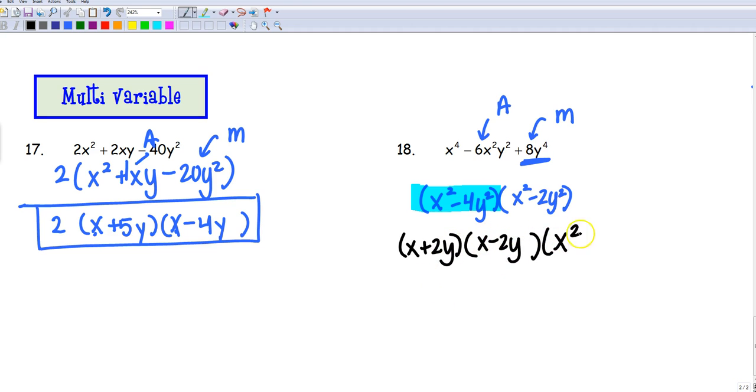And then you bring down the x squared minus 2y squared. Now, this is not difference of squares because you can't take the square root of 2. So if that were like a 16 or a 4 or a 9, something like that, then you could break this down further. But since it's a 2, you cannot. And now this problem is completed.